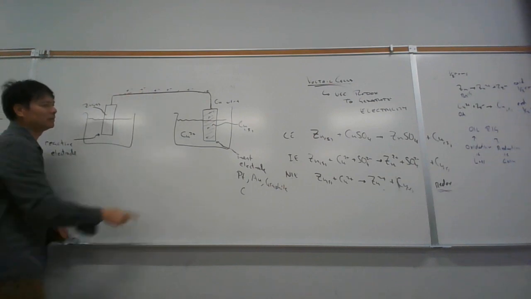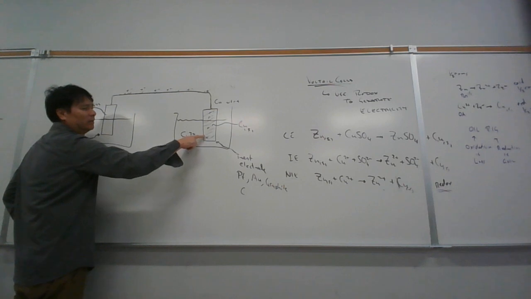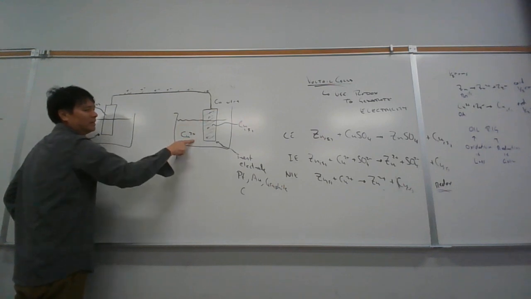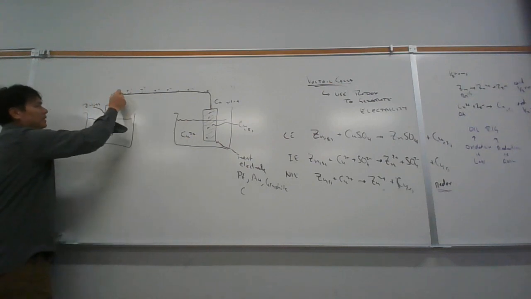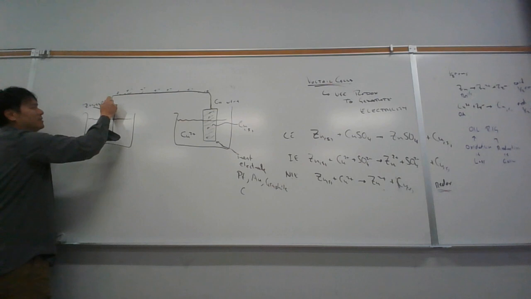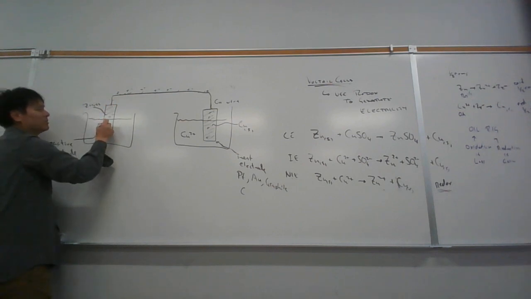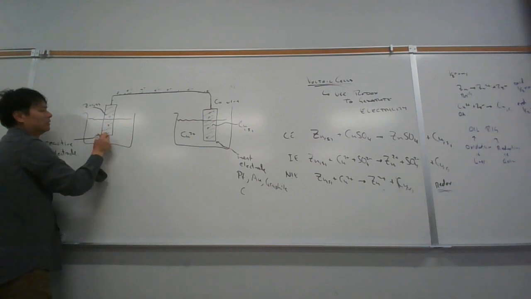So if there's a tug on the electrons here, it's going to feel it. There's going to be ripples in the sea. The copper 2 is trying to take the electrons. But the sea of electrons extends all the way to the zinc, because zinc is a metal too. And zinc being a metal, there's also a sea of electrons here.